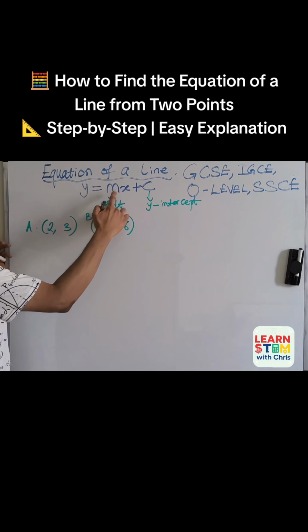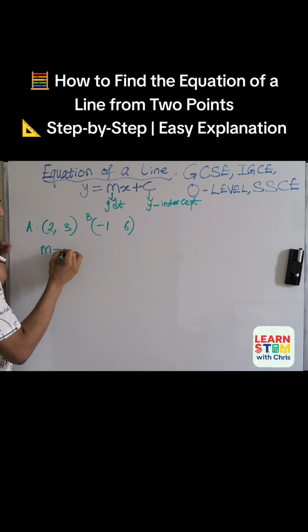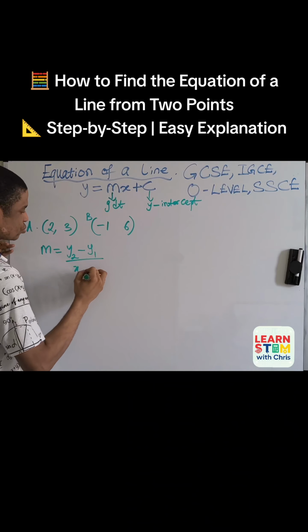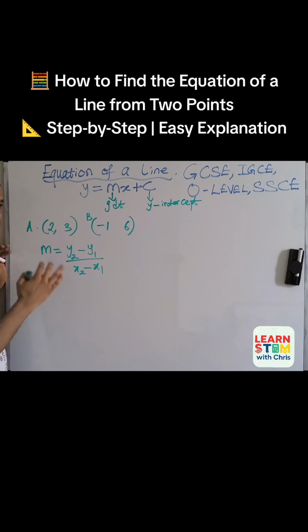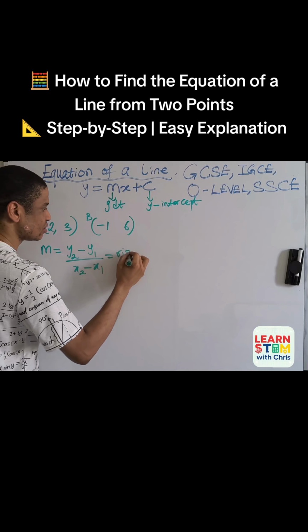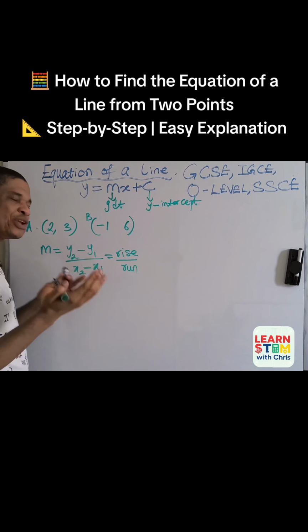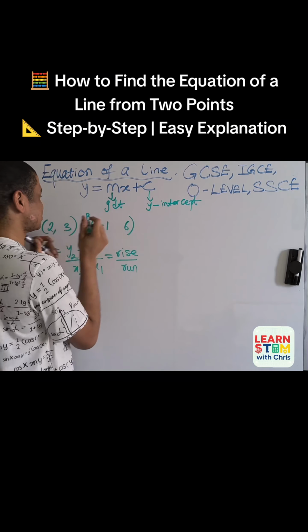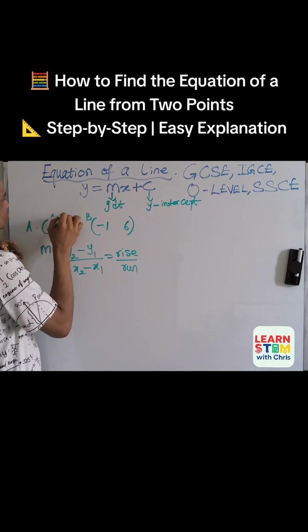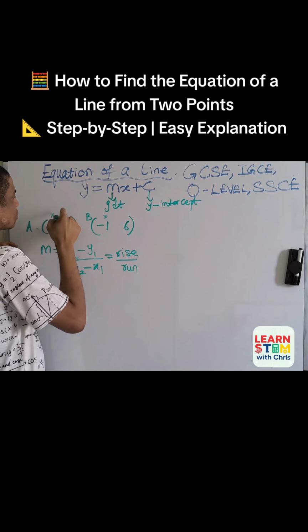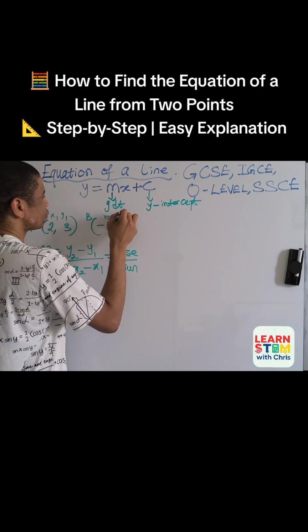First I need a gradient, and gradient is y2 minus y1 over x2 minus x1. This is rise over run. So how do I find rise over run? This is x1, y1 and x2, y2.